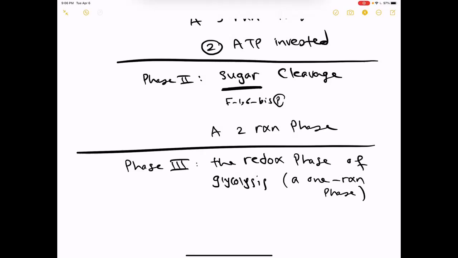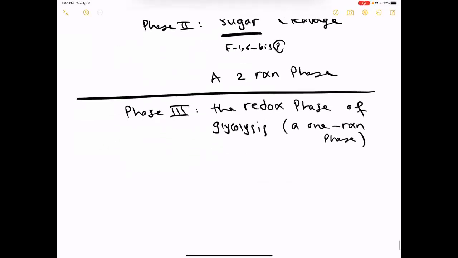I want to say a bit more about this phase right now, and actually a bit more about the last phase, the redox phase of glycolysis. And I said it's only 1 reaction. Of course, it's in the first video, but let's do it again and look at something that I did not bring up last time. So what do I have? I have 2 molecules right now of glyceraldehyde 3-phosphate.